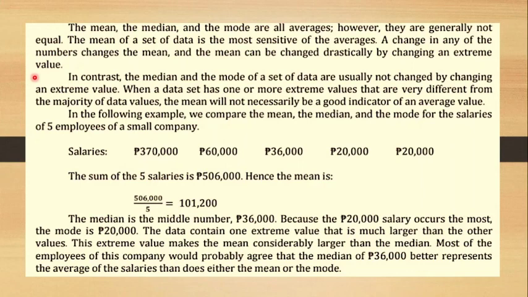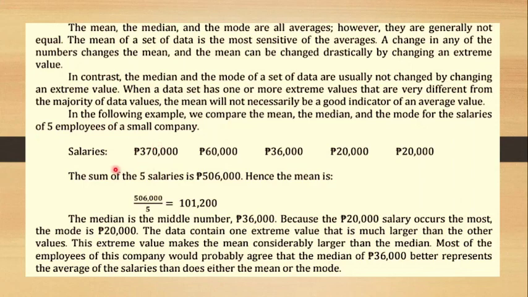When a data set has one or more extreme values that are very different from the majority of data values, the mean will not necessarily be a good indicator of an average value. So in the following example, we compare the mean, the median, and the mode for the salaries of 5 employees of a small company.